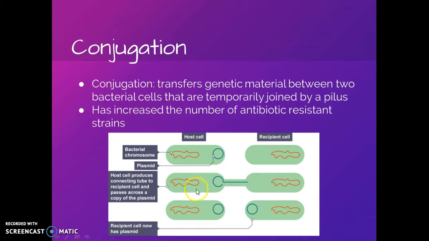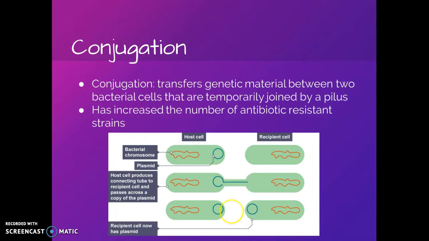This is where a donor cell or a host cell is able to grow a pilus, a bridge or almost a straw, over to another cell. Through that pilus, through that little straw connection, the original cell can copy DNA and pass new instructions over to the recipient. This is recombination because it introduces new DNA into a cell.